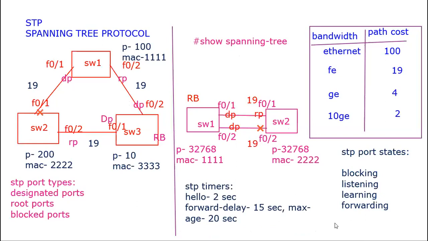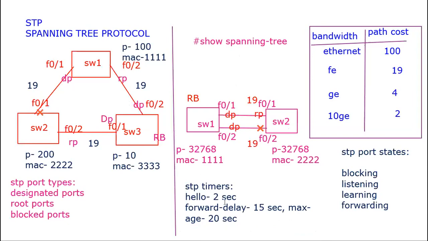So basically what happens after the blocking state, it goes into the listening state. In that, it sends hellos, and in the hellos, it sends the bridge ID, which are called BPDUs. The whole election process is done with the help of the BPDUs.